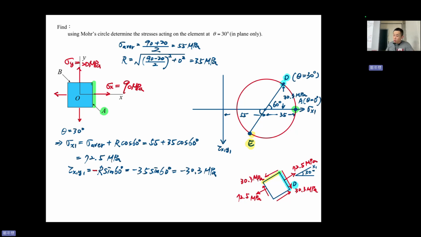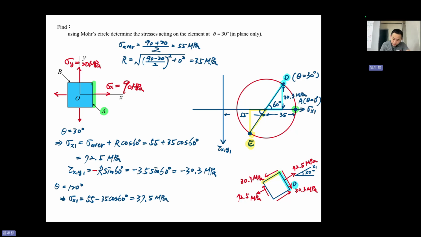So how can we, well, I should write down, make a triangle here, and I use the triangle to help us determine the stress state. So theta equals 120, right? So sigma x1 equals 55 minus 35 cosine 60 degree, which is 37.5 megapascal.